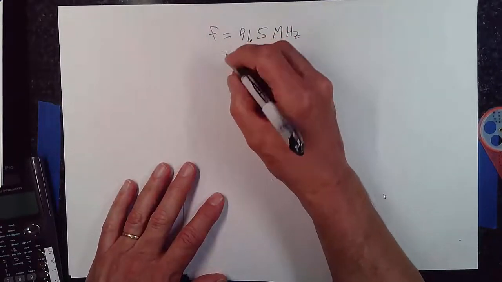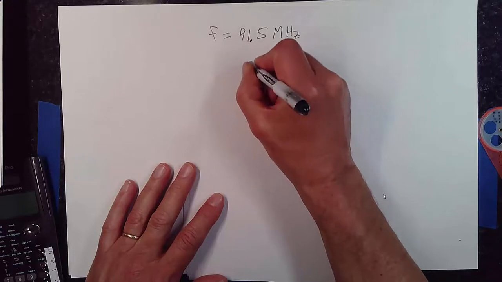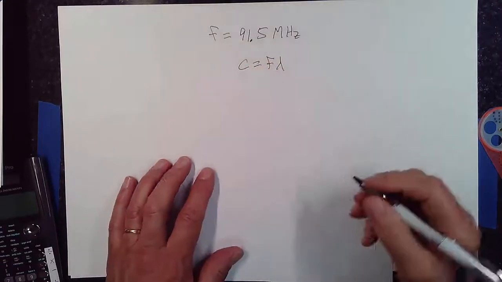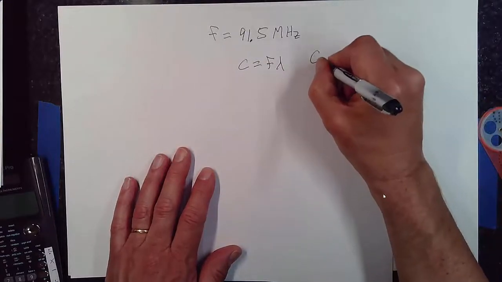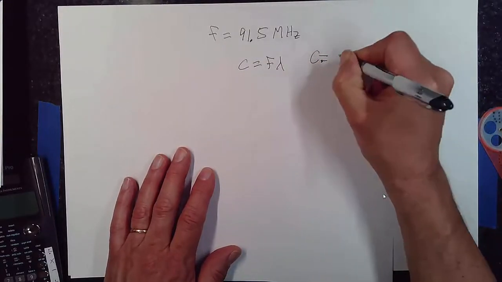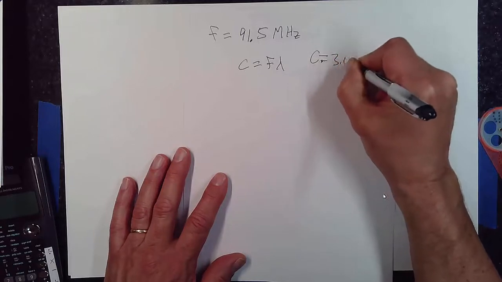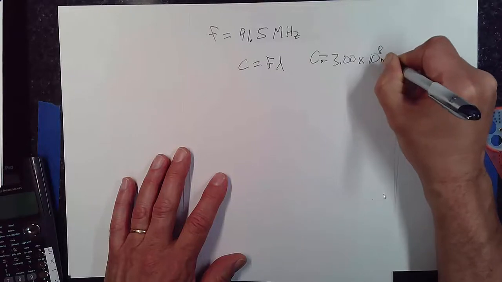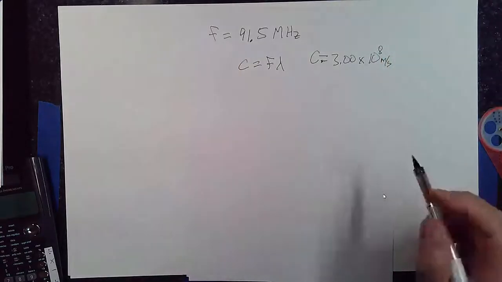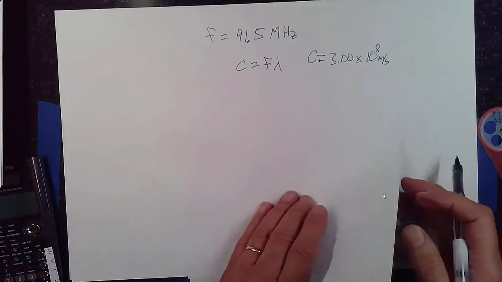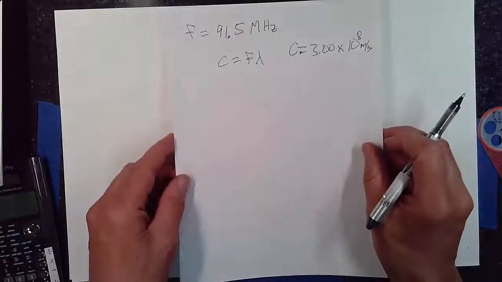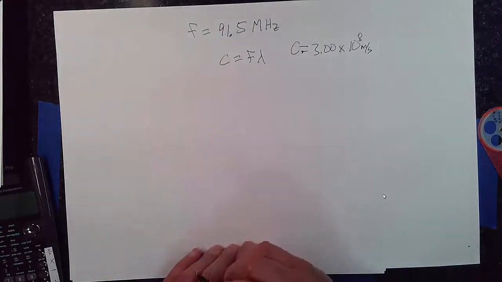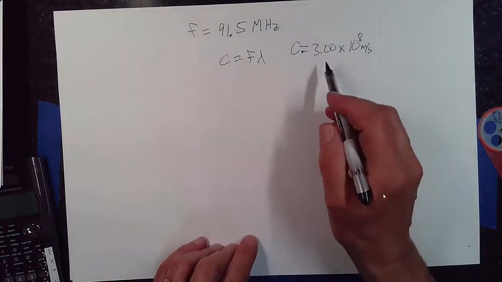Well, the equation we'll use for this is always going to be C equals f lambda, and the thing that we know for sure is that C is equal to 3.00 times 10 to the 8th meters per second. I think on one of these problems I may use more significant figures on that because we're given a wavelength to more than 3 significant figures.